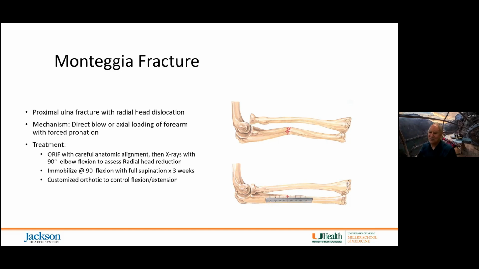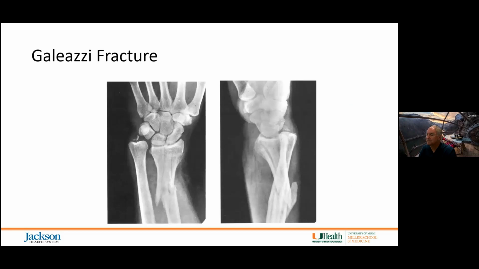Not so much if they're a manual wheelchair user, because they are dependent upon these upper extremities for mobility and wheelchair propulsion. So you're going to have to quickly put your heads together with the orthopedic surgeons and the insurance companies and come up with an appropriate strategy for mobility during the healing time for this fracture.